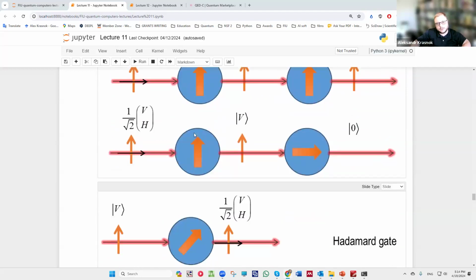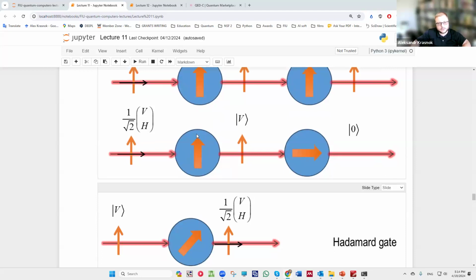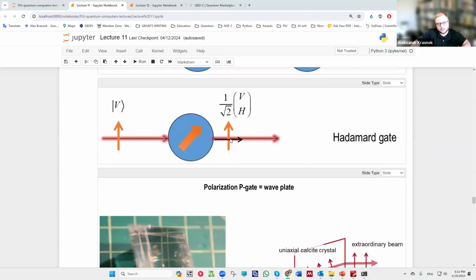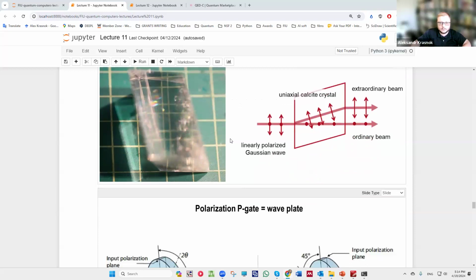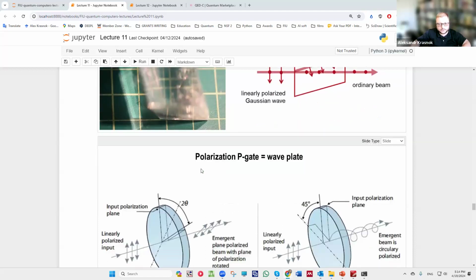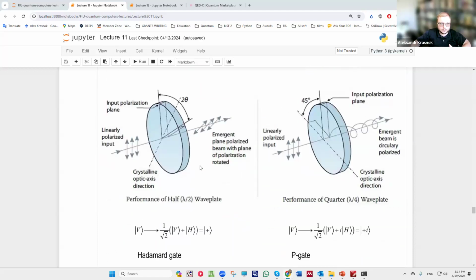Anyway, we can convert polarization, and we can build linear quantum optical computing based on the control of the polarization state or propagation direction state.